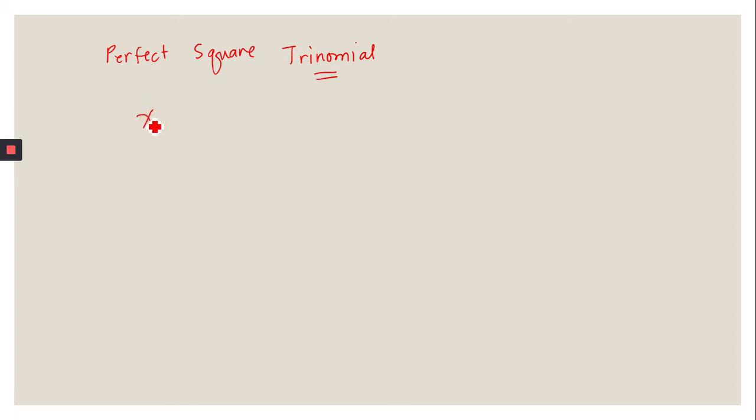An example of that is, let's say you have x squared plus 10x plus 25. Let's see if this is a perfect square. The first term is a perfect square, so x squared is a perfect square, that is x times x, right?